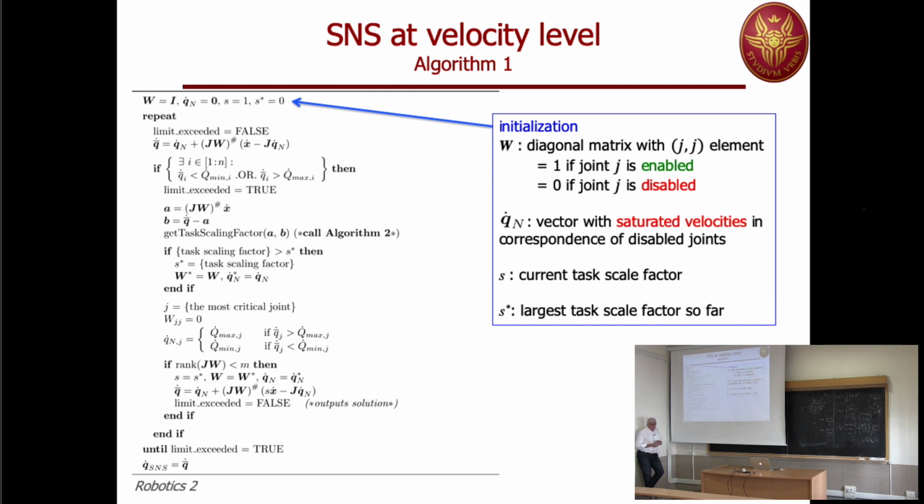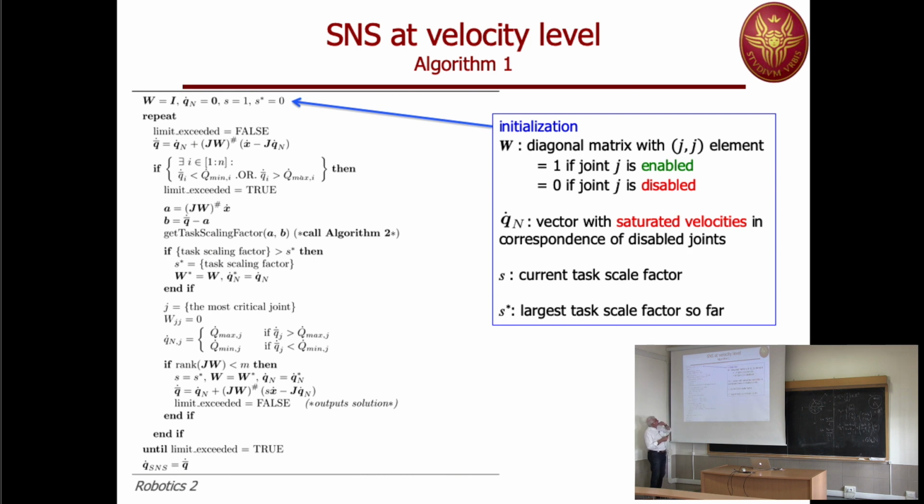Qn dot at the beginning is the null space term, so it includes all saturated velocities in a vector form. So initially there's no saturation, so Qn dot is initialized to 0. And S and S star are the current task scale factor and the largest task scale factor computed so far. So this is kind of intriguing because the algorithm computes on the way some potential relaxation and uses only the least possible relaxation when it exits the loop.